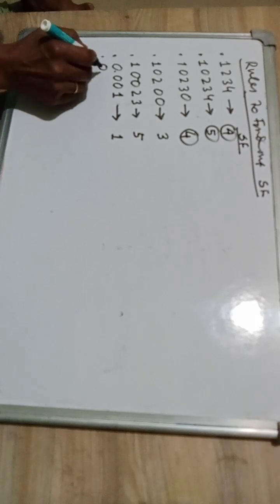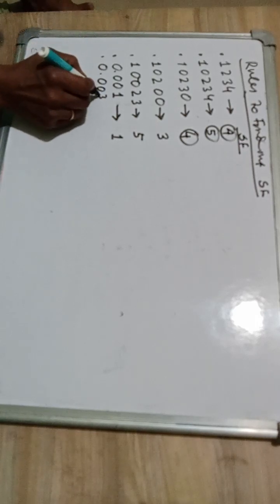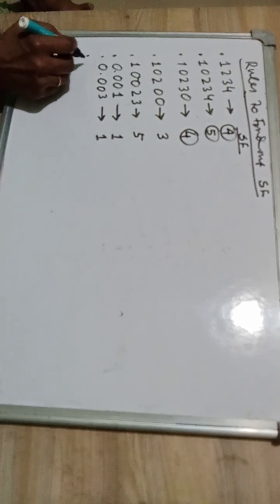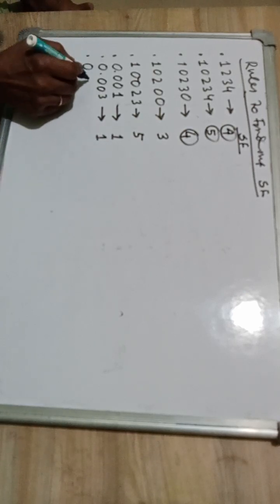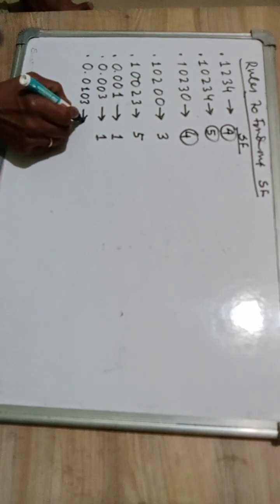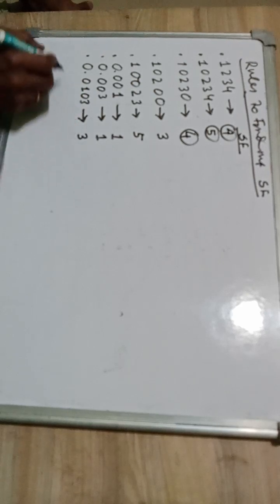If any measurement is 0.003, significant figure is again 1. If it is 0.0103, significant figures will be 3.